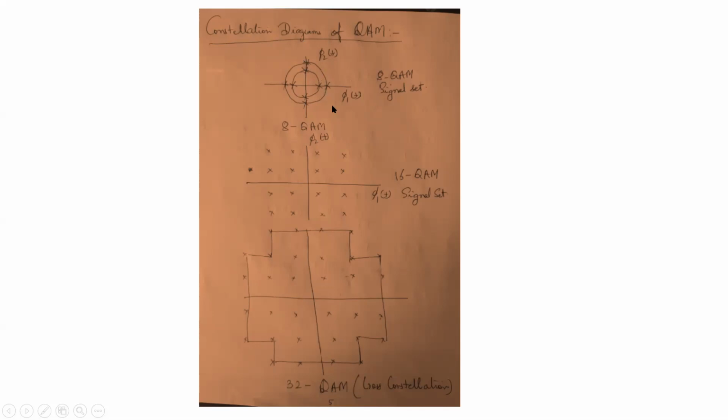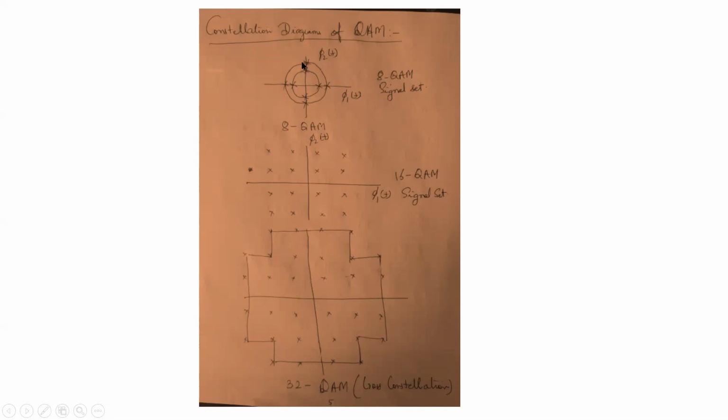Had it been phase shift keying, all the points would have been placed on the same circle, because that was constant energy modulation. But in the case of QAM, I can place my signal points by varying amplitude Vm also, and theta m also.